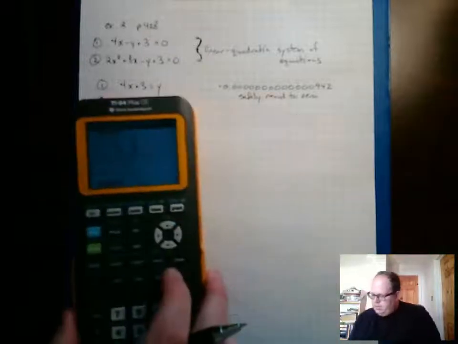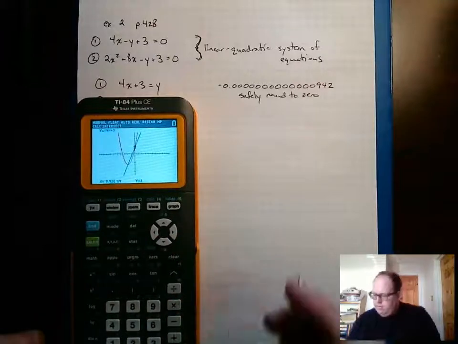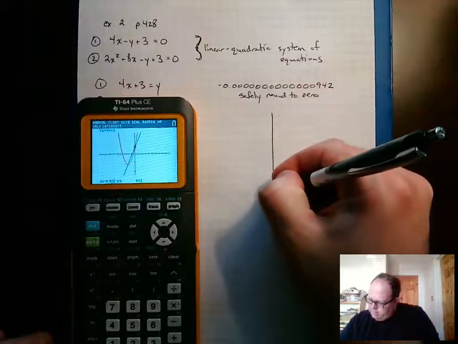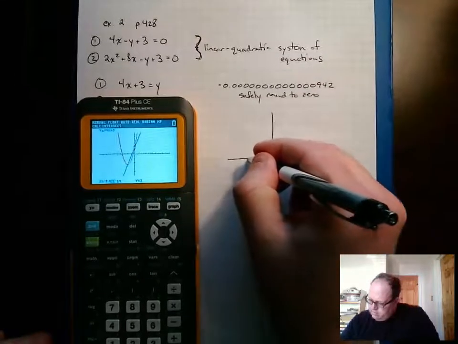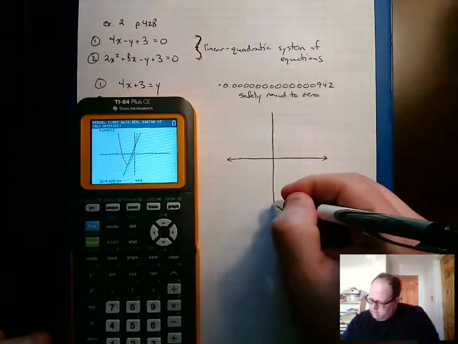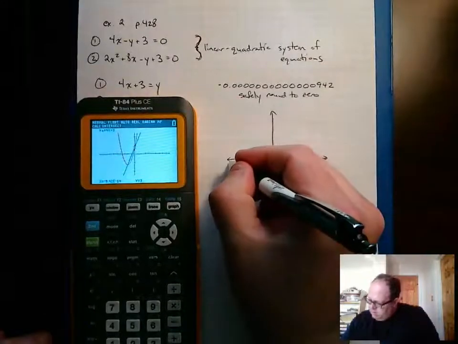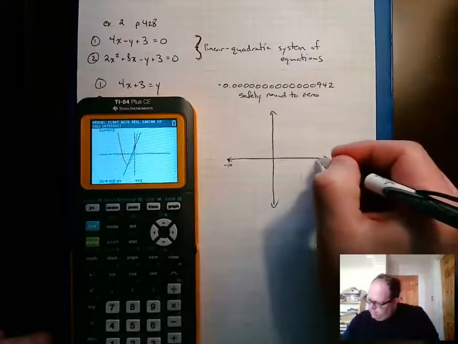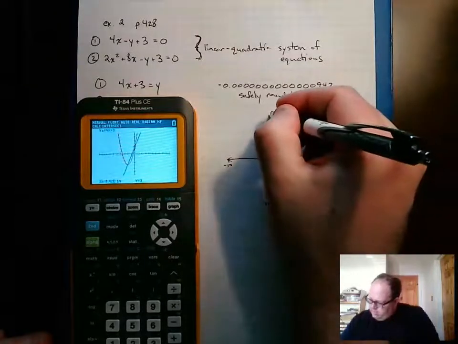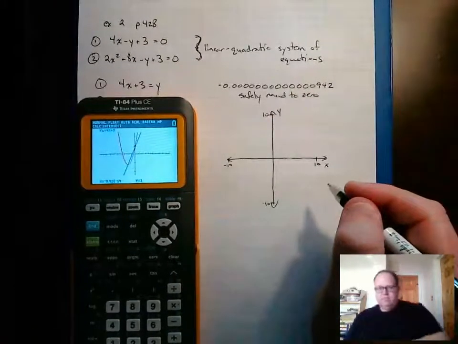I'm going to show a sketch of what that graph looked like. And I'm going to indicate the window settings that I had used for that. From -10 to 10, -10 to 10. Label my axes, of course.